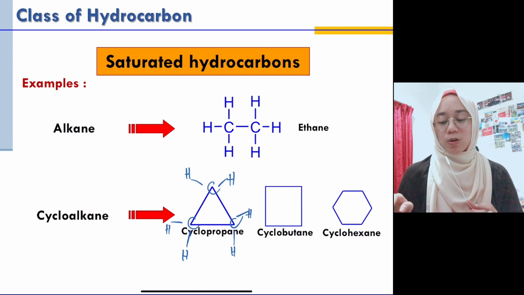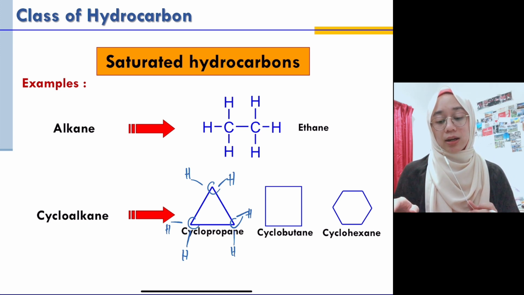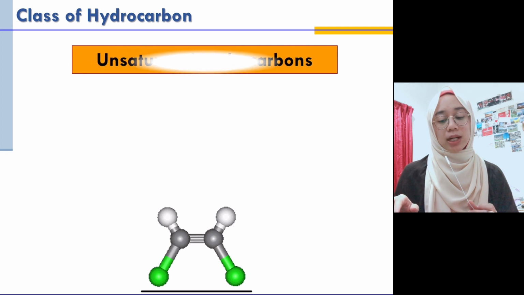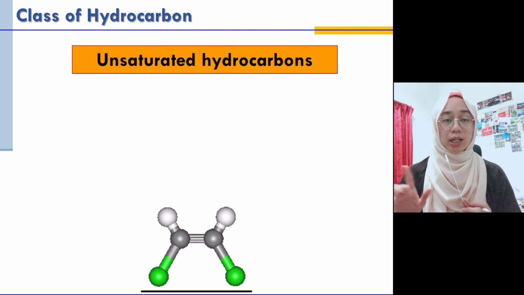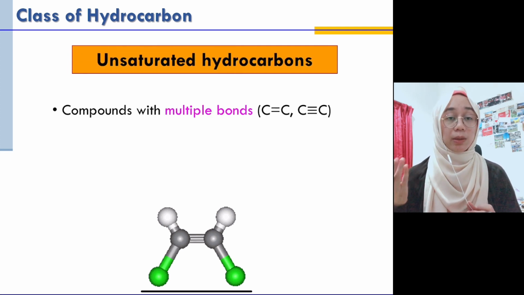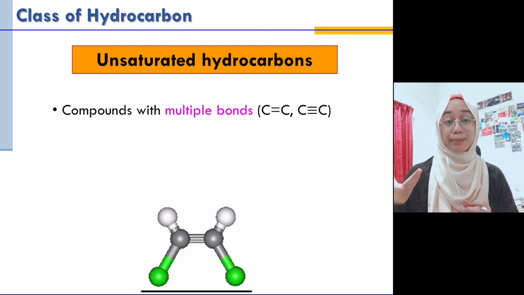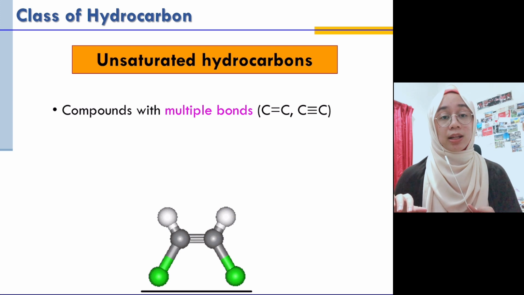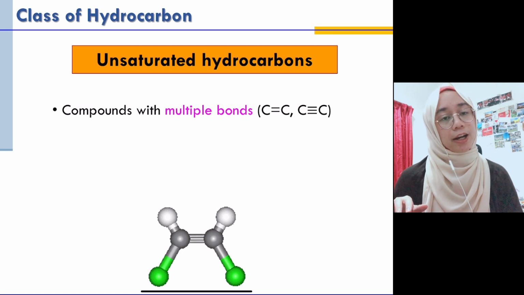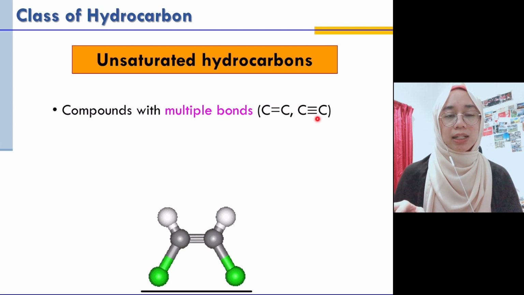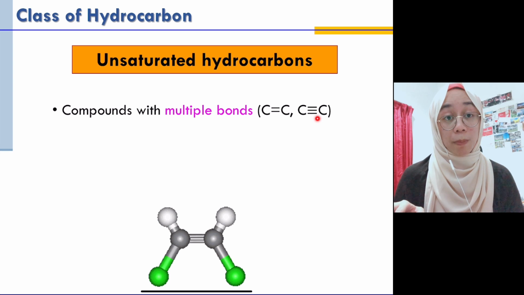Okay, so kita pergi pula the second one, which is unsaturated tadi. So what about unsaturated? So kalau unsaturated ni tadi, mesti kamu tahu dah, dia consists of multiple bonds, sama ada double ataupun triple. Okay, tapi what about in terms of hydrogen dia pula? So agak-agak, kalau compound yang consists of double ataupun triple, kamu rasa hydrogen dia lagi banyak ataupun lagi kurang compared to alkane?